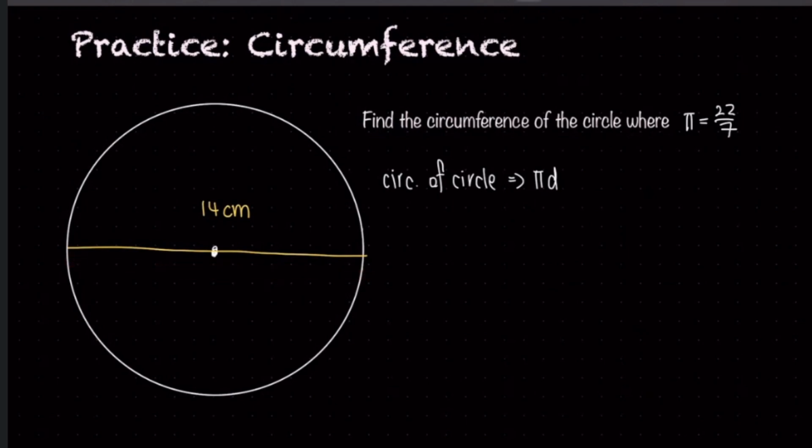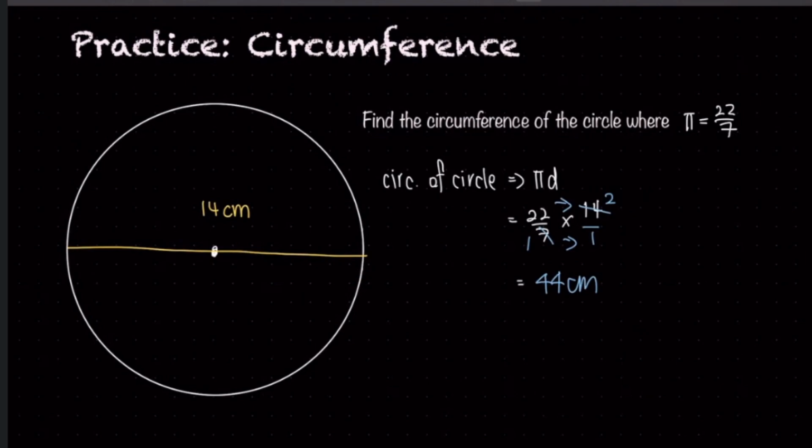Pi is 22 over 7 and multiplied by 14 cm. So 14 is 14 over 1. And so we can cross divide. 7 divided by 7, 1 denominator to numerator. 14 divided by 7, 2. Nothing else we can do, so we multiply straight. 22 times 2 is 44 cm.